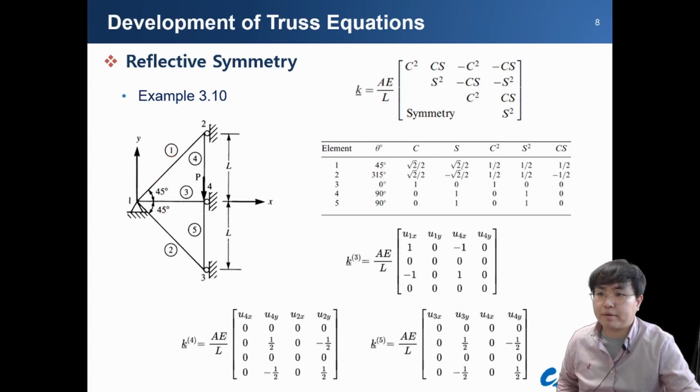And for the third element, there are no rotations here, so the cosine and sine values are equal to 1 and 0 respectively. Here the cross-section area is also A and length is L. The first element actually has a 2A cross-section area.